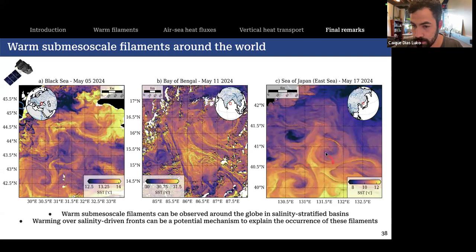These ones, I really like these ones. And this shows that this process can possibly be happening across the globe, and it might be responsible for SST and ocean heat uptake biases in numerical simulations that don't resolve these mesoscale salinity fronts.